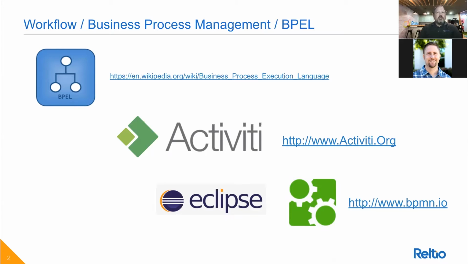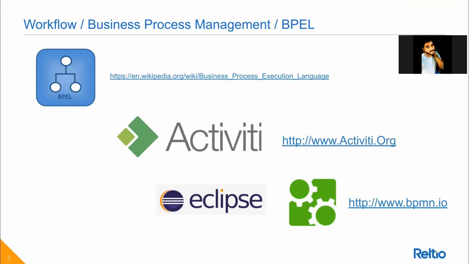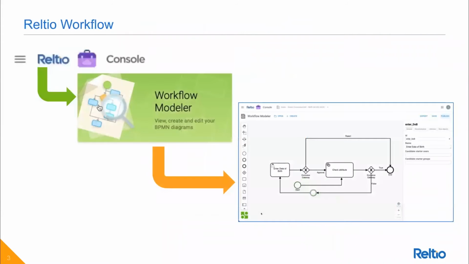As far as building out those business processes, we do support the Eclipse plugin, the Activiti plugin for Eclipse, if you choose to go that route to create custom workflows or to modify existing workflows. But Reltio does provide the Business Process Model and Notation interface directly integrated into the Reltio console. The significance there is, Reltio is software as a service.